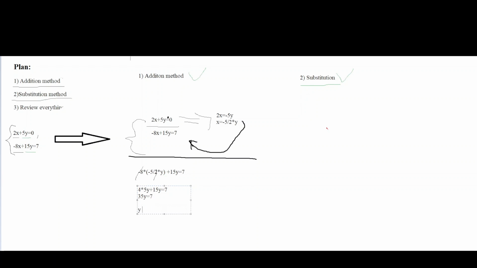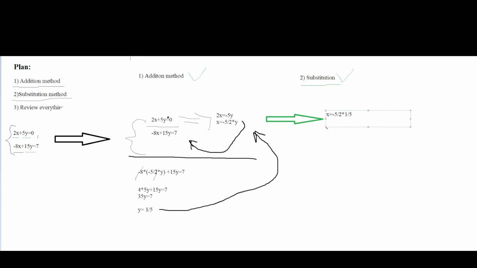And then y equals how many? Again, 1 over 5. As you can guess, we put this y into the expression for x, so x equals minus 5 over 2 multiplied by 1 over 5.